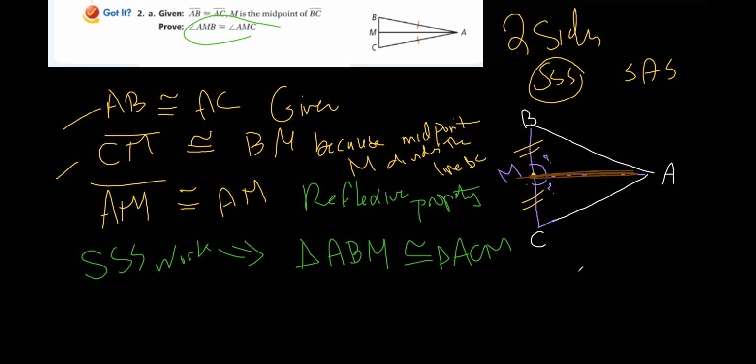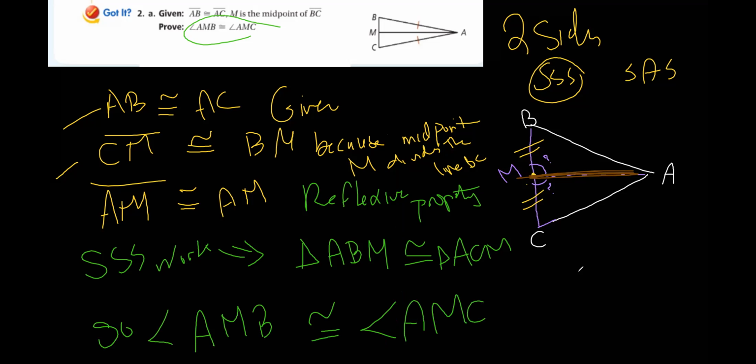So you will tell me that since now the two triangles are congruent, so angle AMB is congruent with angle AMC. Because what?